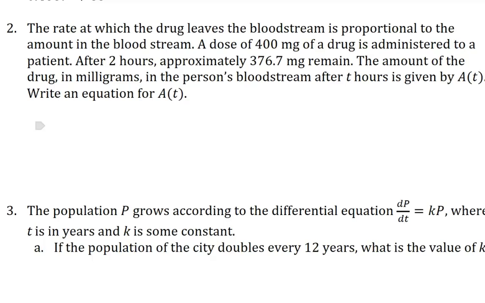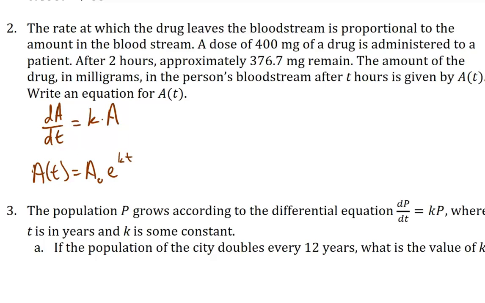My differential equation, I'm going to use A for the amount, so the rate of change over time of the amount in the bloodstream is equal to k times A, which also is going to be A of t equals A sub 0 e to the kt situation, but let's go ahead and figure out what those pieces are.